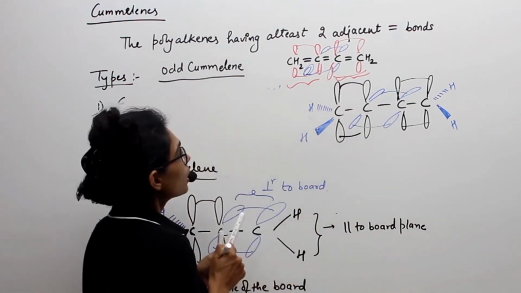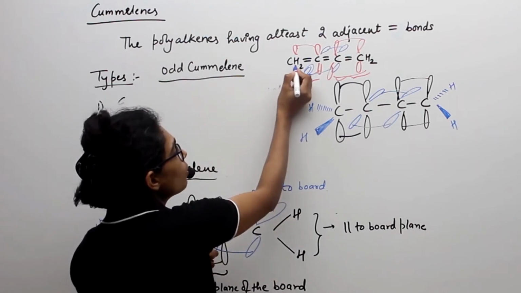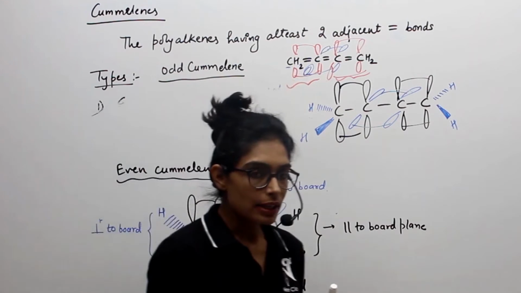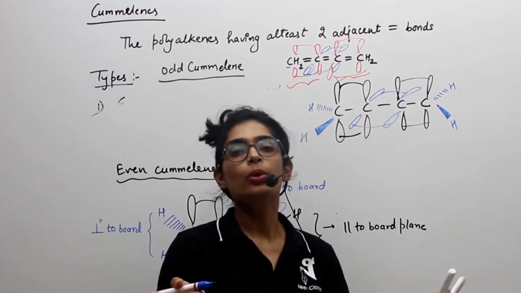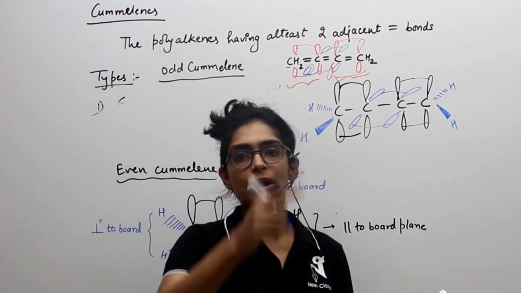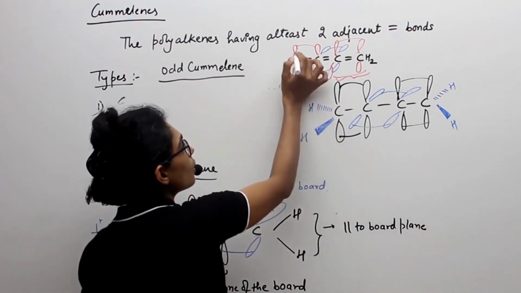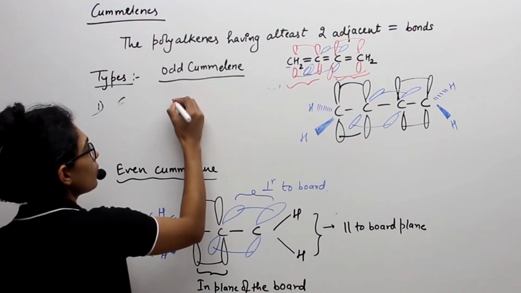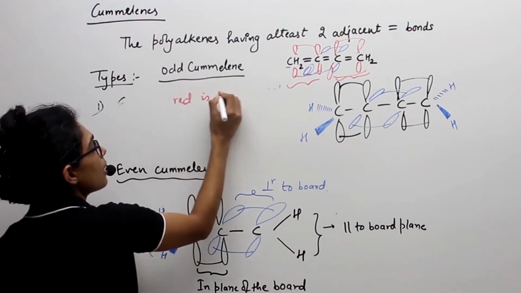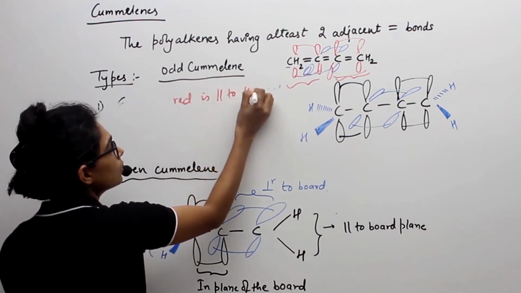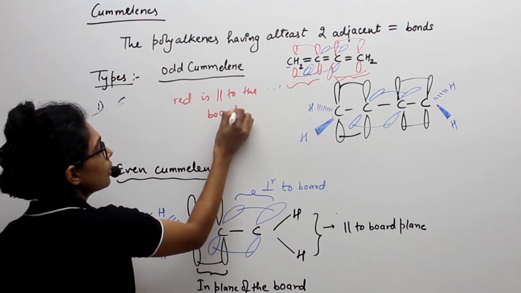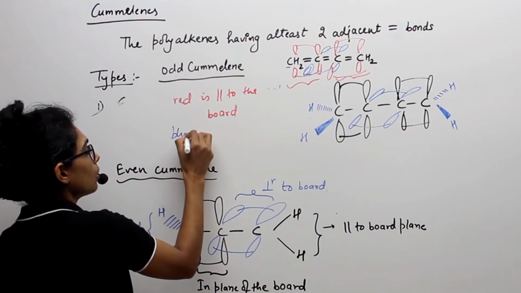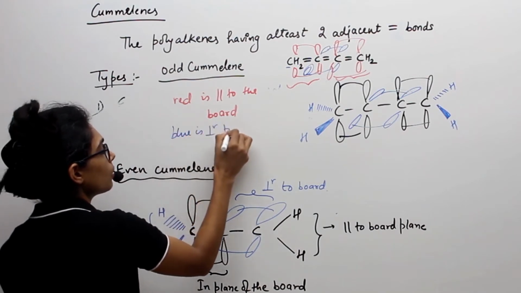Now when you talk about the two hydrogens, what the first carbon has is a sigma bond, and that has to be perpendicular to the plane of the p orbital. So if the p orbital of this red one is parallel to the board, the blue is perpendicular to the board.